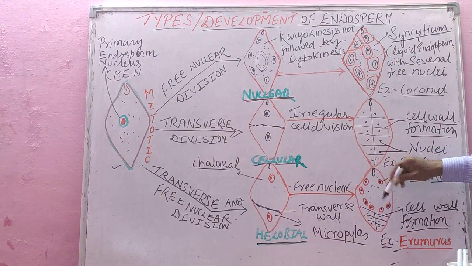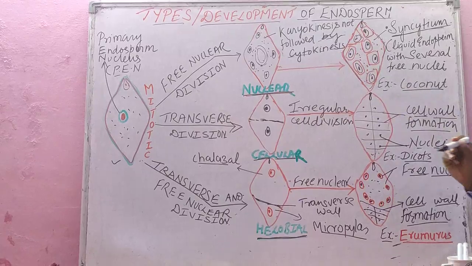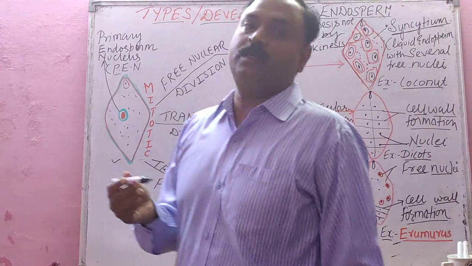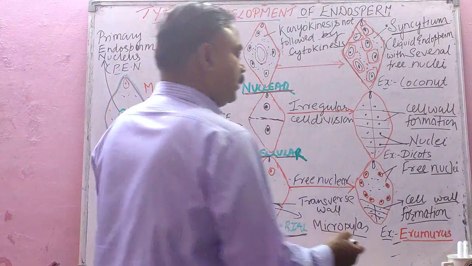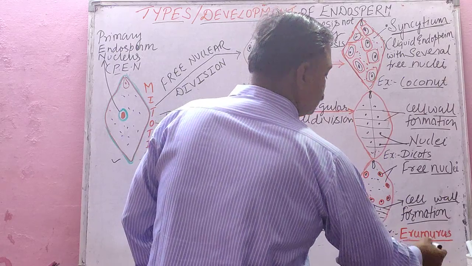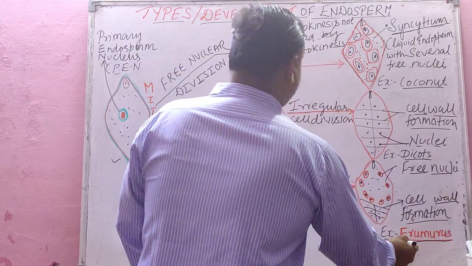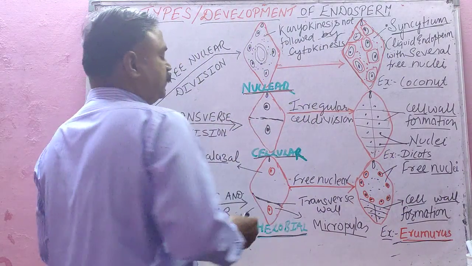Cell wall formation occurs. So it is intermediate of both, and it occurs mostly in monocots. The best example is Eurymus. Eurymus is the best example of halobial type.